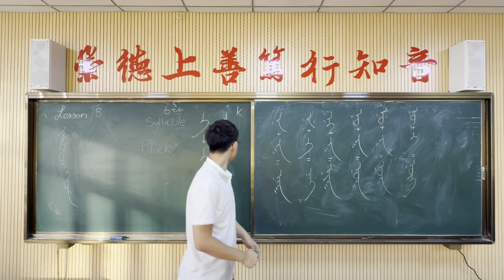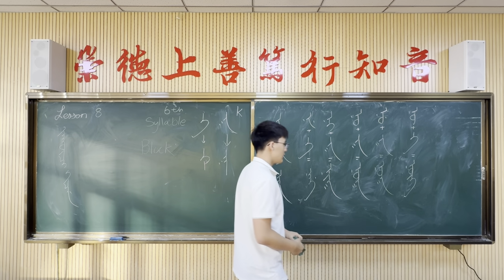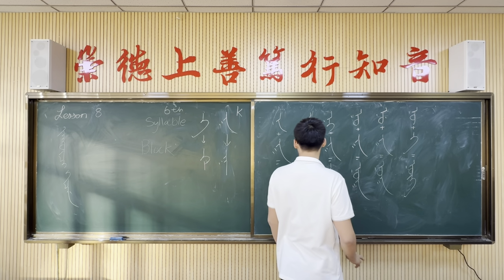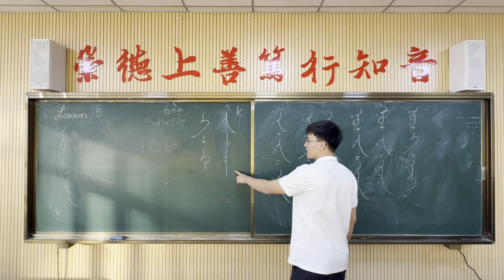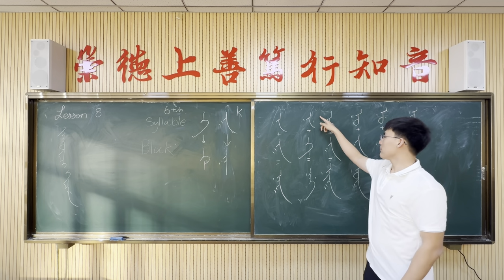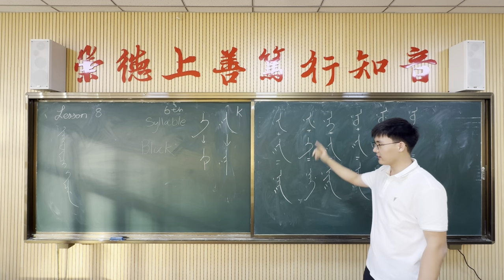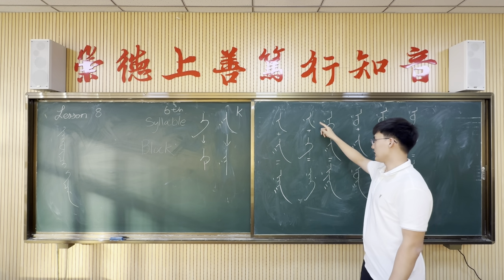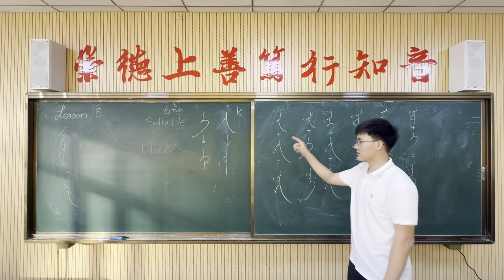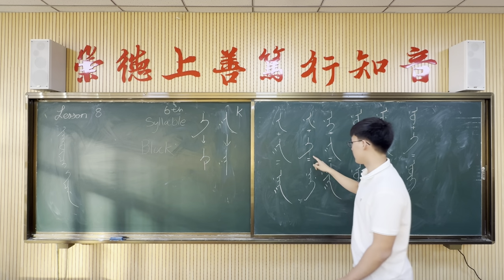Now as we can see, the rule that I stated just now about when you use this and when you use this is also applied here. Ne, because the previous letter is an E, the 6th syllable will look like this, as you can see here.